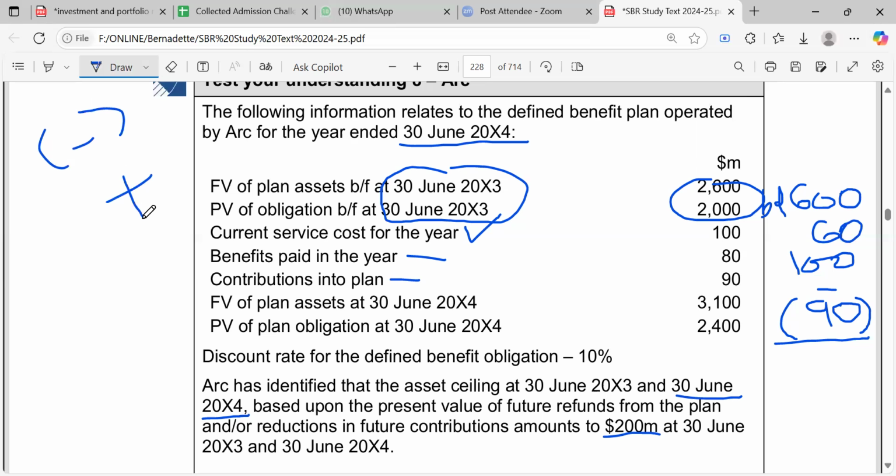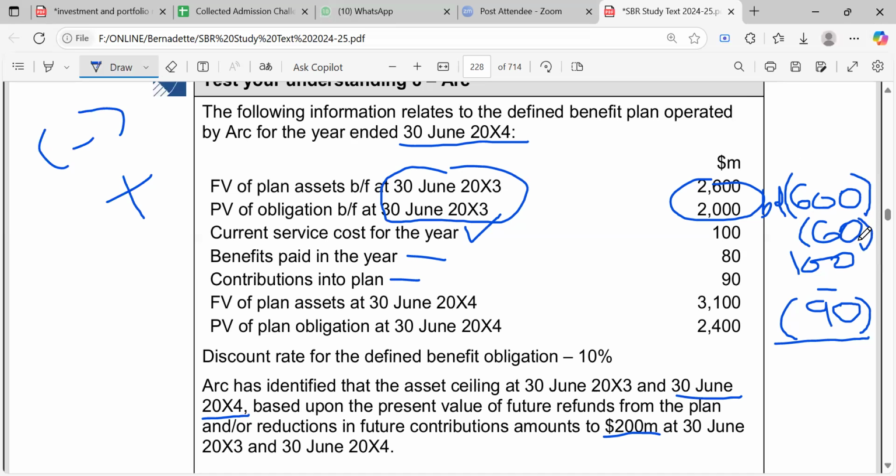You know, until here you didn't do that. Have you noticed that? Plan assets were more than plan liabilities. So this 600 was a negative sign. You see that? Yes, sir. If this is a negative, its interest should also be a negative, right?